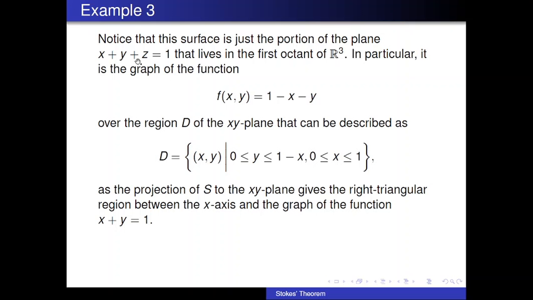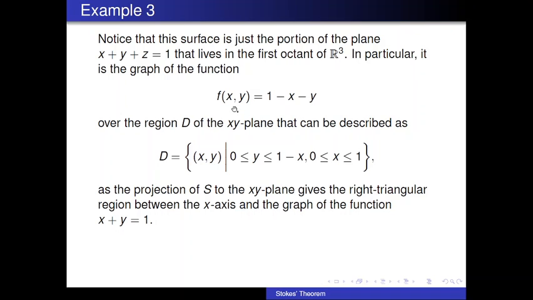We're really just looking for the part of that plane that lives in the first octant of three-dimensional space. So by solving and letting z equal 1 minus x minus y, we can see that's just the graph of the function f of x, y equals 1 minus x minus y.